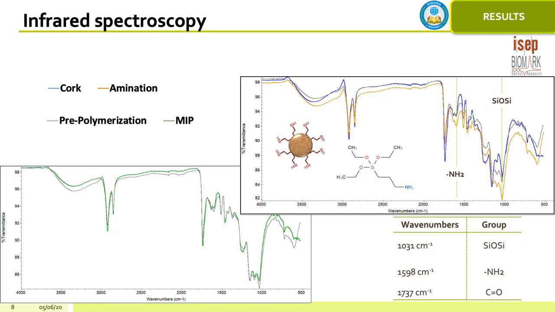This means that the amine group was successfully introduced on cork. After polymerization, the peak located at this wave number is more intense and the intensity of peaks associated with amine silane decreases, which means that MIP was successfully assembled on cork.